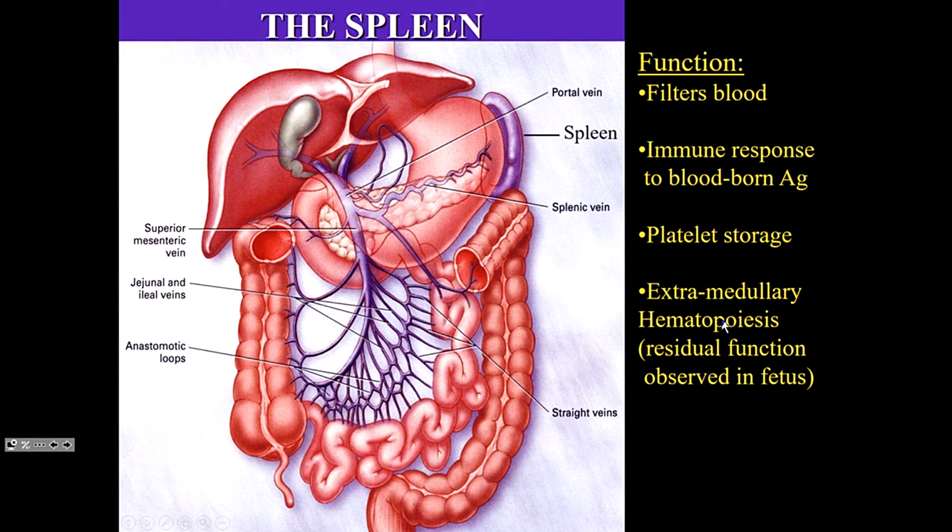So the spleen has this genetic memory where if called upon, it can reactivate hematopoiesis. Again, if the bone marrow is damaged in some way, the spleen can take over and undergo some residual hematopoiesis. And it happens in certain diseases.